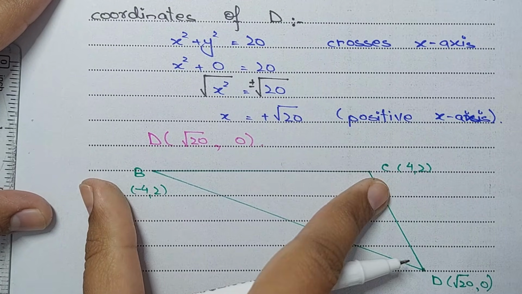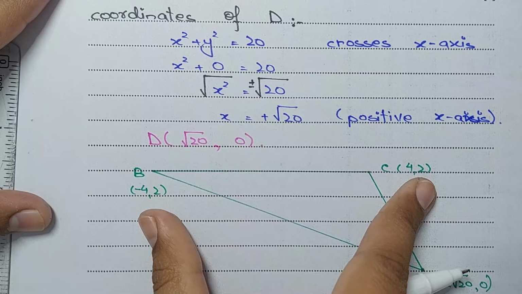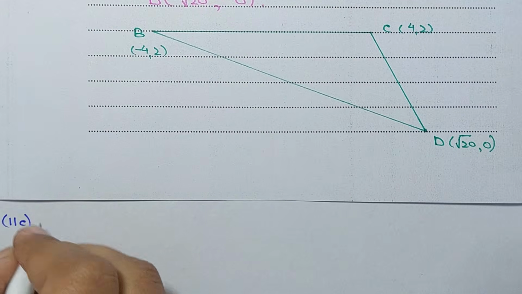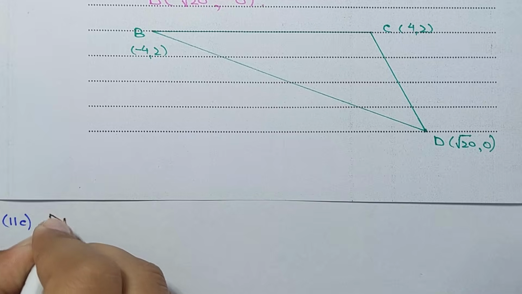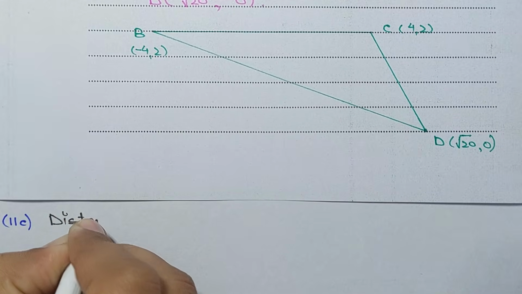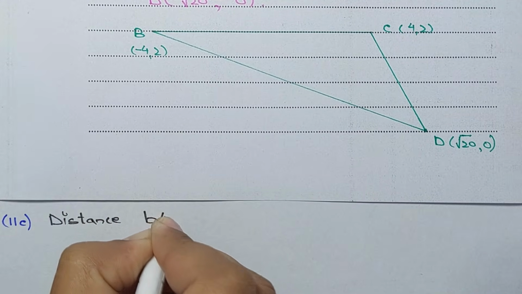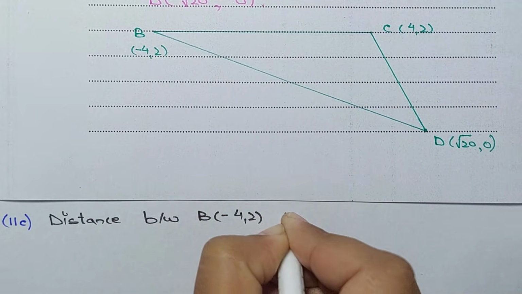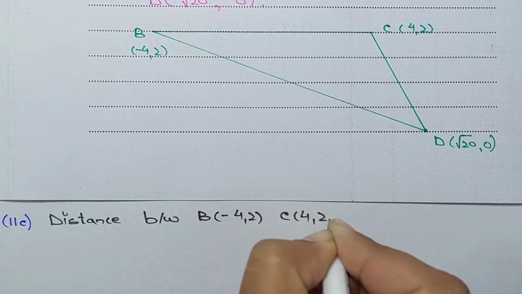How much is the distance? The y's are constant. We have the distance in x only. Now do the distance between B, which is (-4, 2), and C, which is (4, 2).